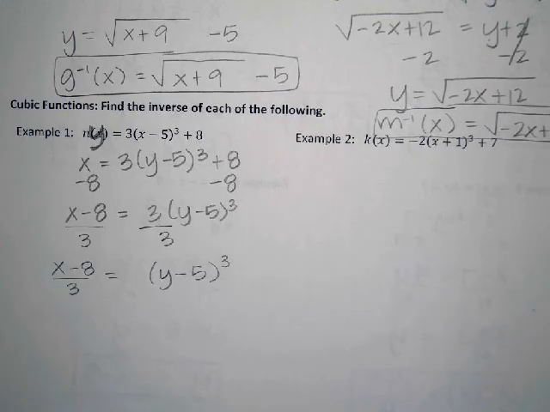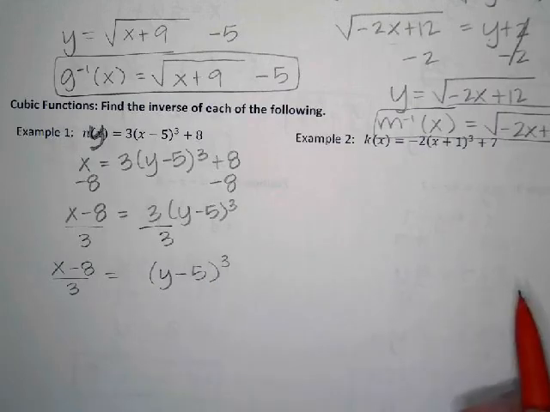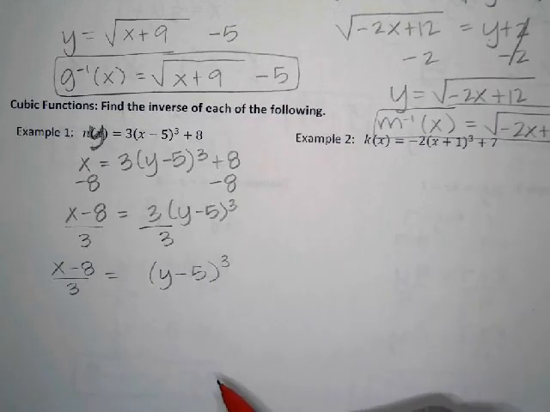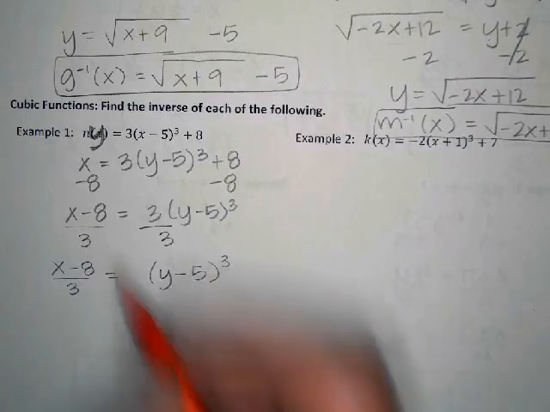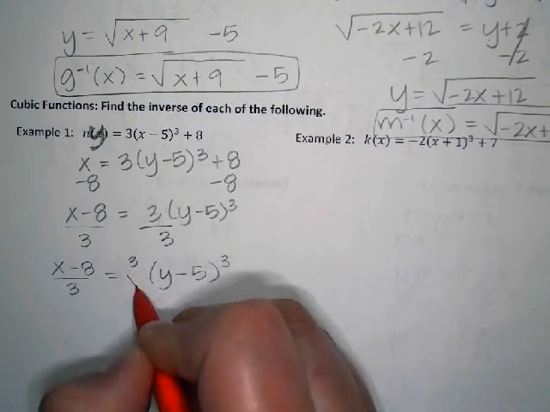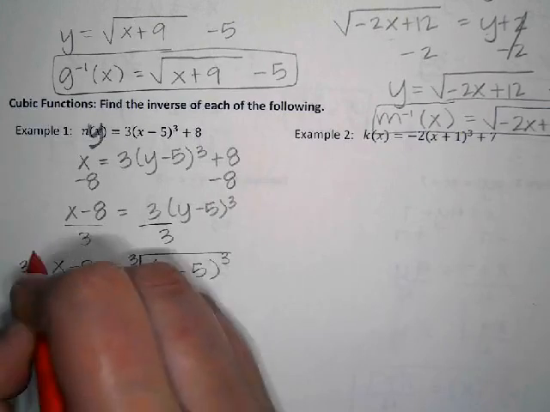So square root gets rid of a squared exponent, an exponent of 2. This is cubed, so a cube root gets rid of cubed, okay? So we're going to cube root each side. So that's a square root sign, but it has a little 3 in front of it. Just like the previous problems we did, just with the little 3.